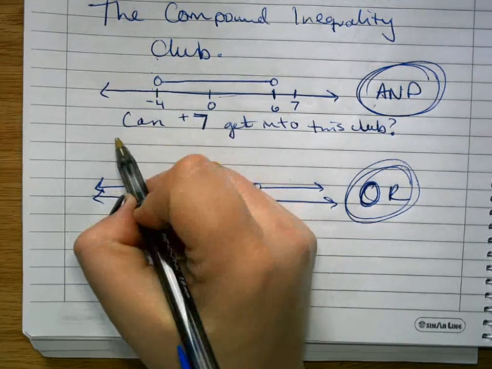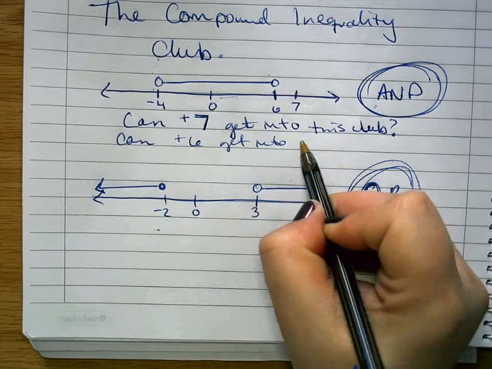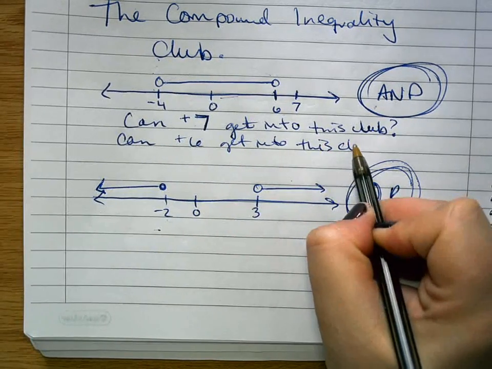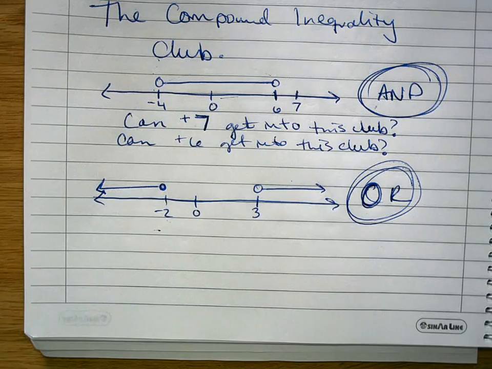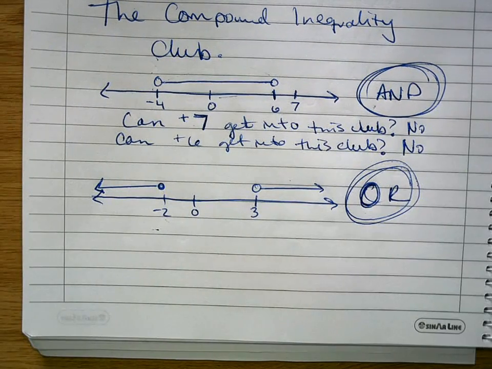Even if 6 wanted to get into the club, the answer would be no. Just like 7, poor 6 and 7 would be hanging out there, outside, being cold. Maybe they just go home or try to go to another club.